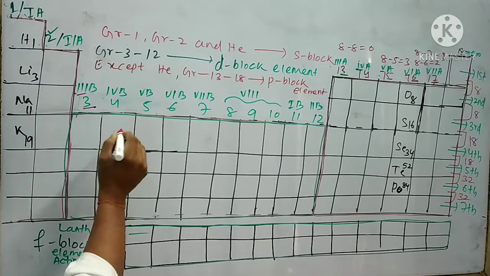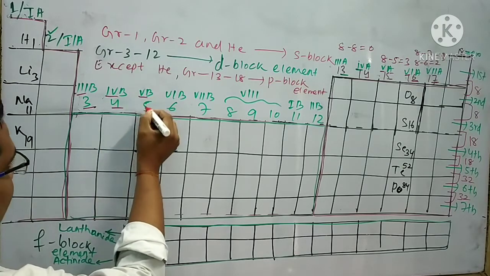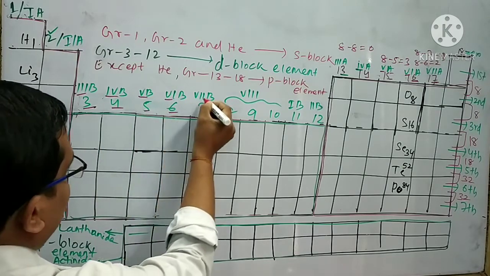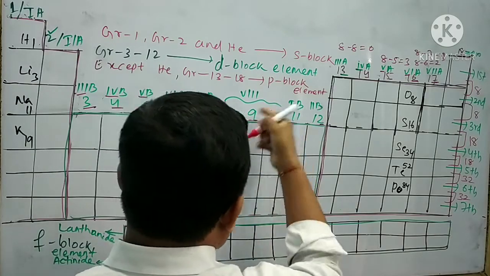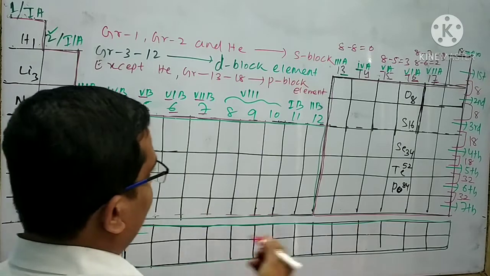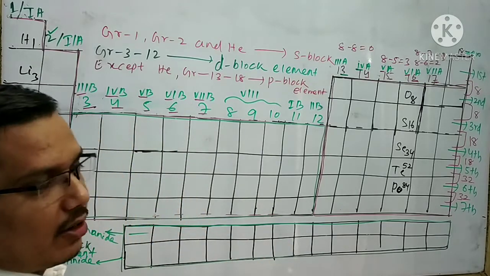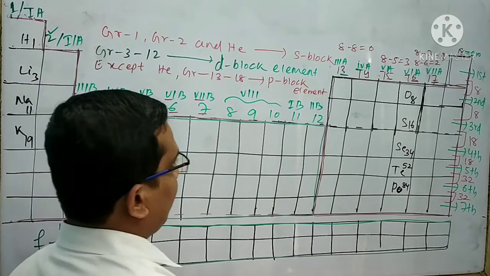Like that you can also think about IV 4, V 5, VI 6, VII 7. This is your exceptional case. Groups 8, 9, 10 are combinedly called VIII.